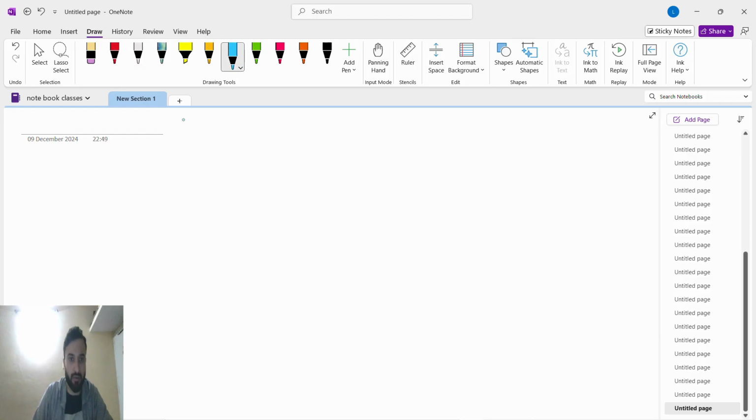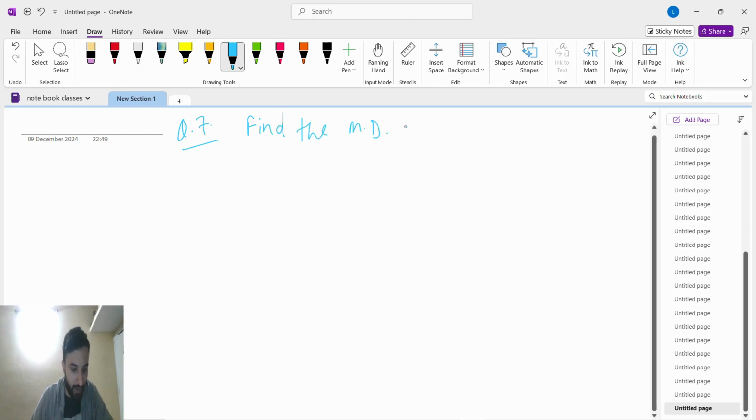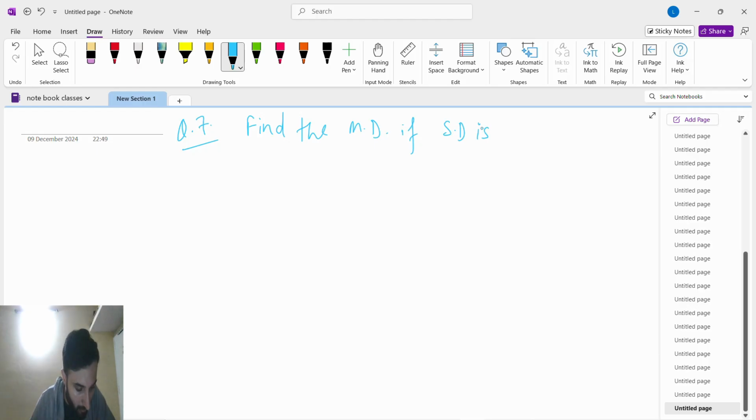Now question number 7. Find the mean deviation if standard deviation is 1/2.